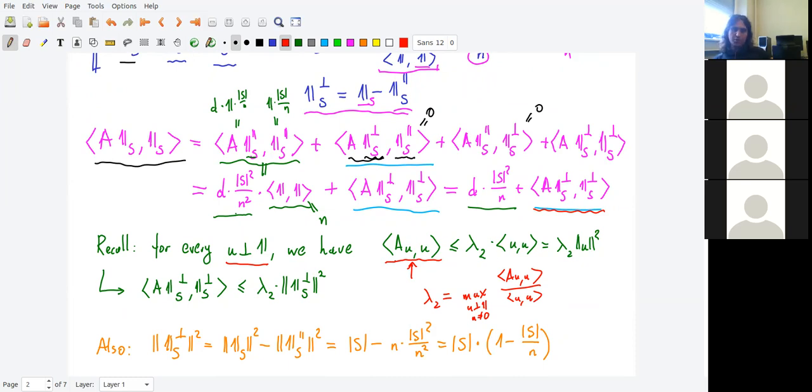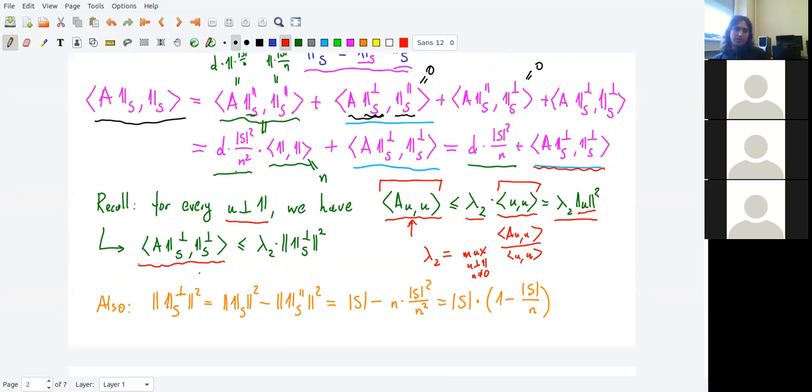For every vector perpendicular to all ones, this term is upper bounded by the norm of U squared times not D, but something significantly smaller, lambda 2. This is just the square of the L2 norm of vector U. So this is well understood in spectral terms, how we can upper bound this term.